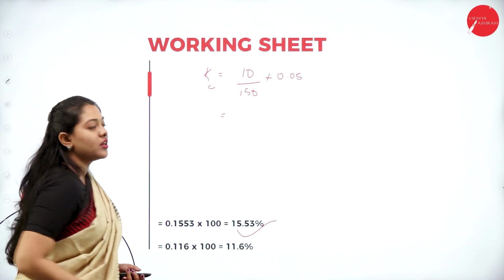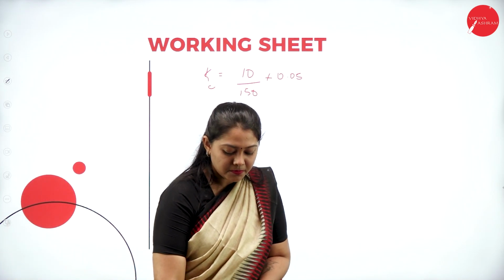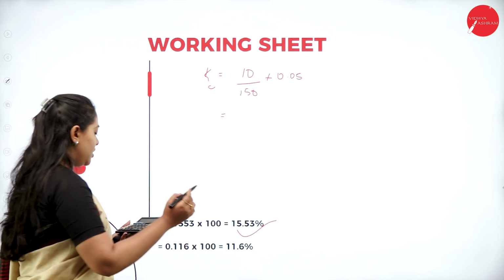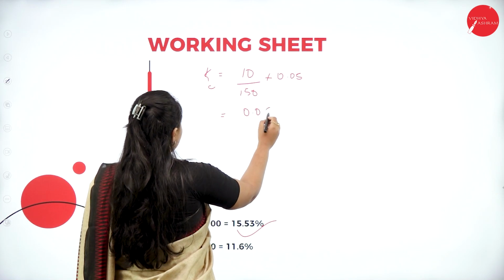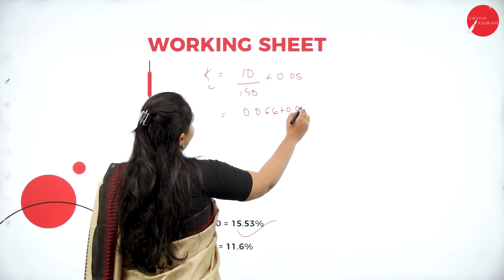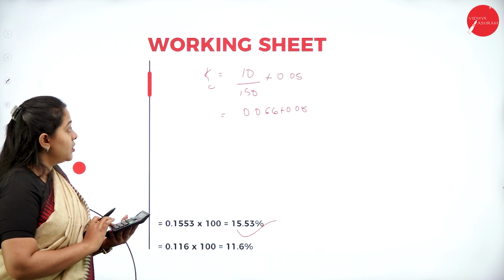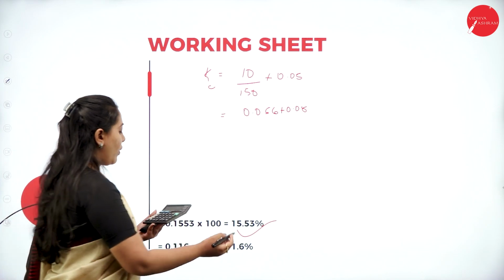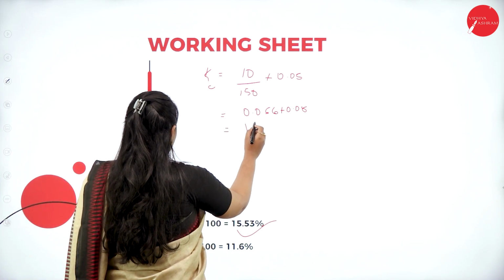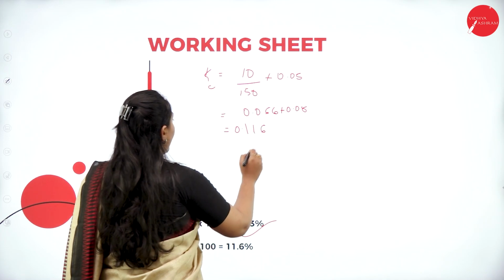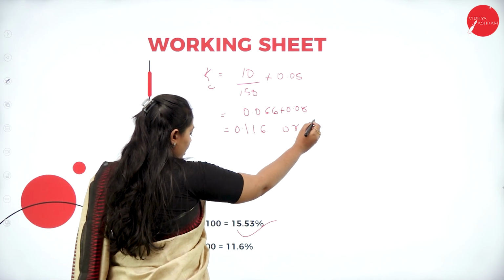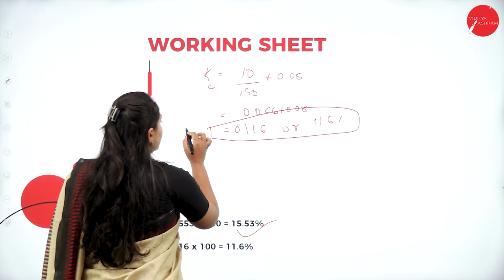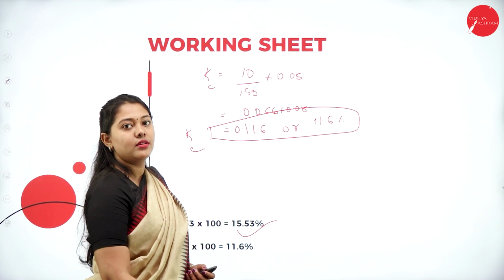So if you substitute, what will you get? 10 divided by 150 is 0.066, plus 0.05. The value you get is 0.116, or if you convert that into percentage, it will be 11.6%. So this is your cost of equity.